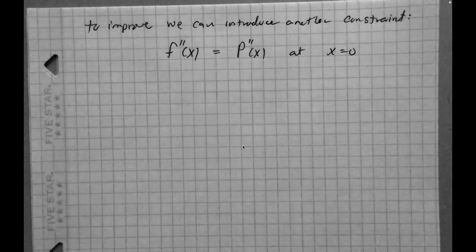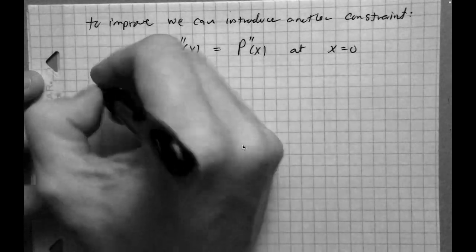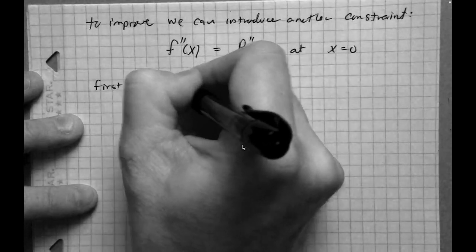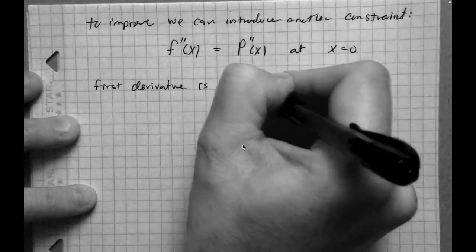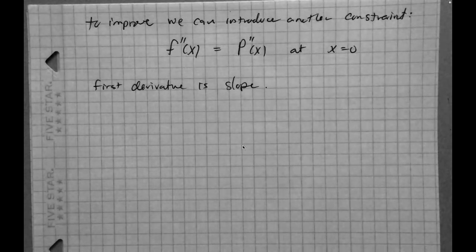Now the first derivative, remember, is slope. So by having the first derivatives agree, we are ensuring that the slope of P is the same as the slope of f at the centered value.